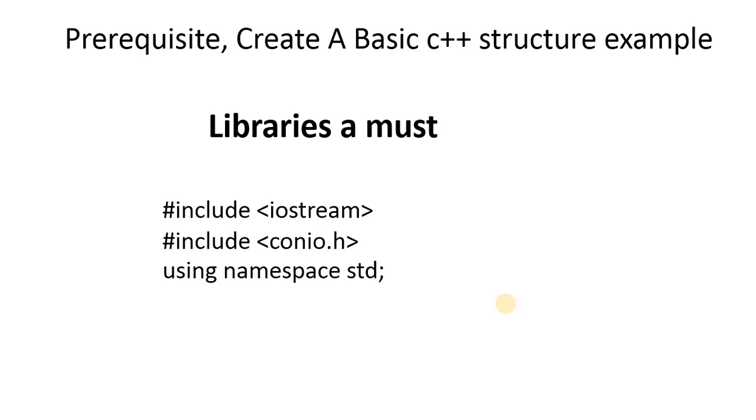So you can see include iostream, include conio.h, using namespace std. For the time being, you keep it by heart in order to write down these lines in any C++ program.